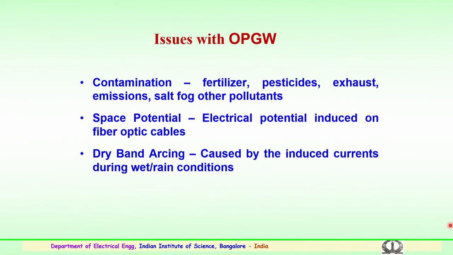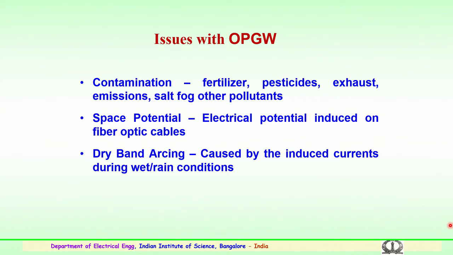The formation of dry band arcing. We have discussed dry band arcing, or the partial arcs or scintillations, which are normally caused by the induced currents, particularly during conditions like fog, drizzle, wet or rain conditions.